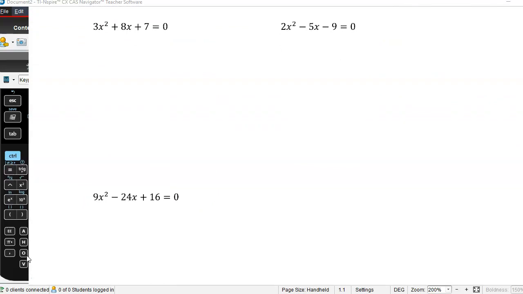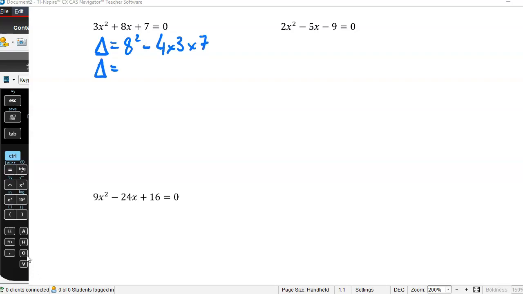So I've got a few more here. 3x squared plus 8x plus 7 equal to 0. So discriminant is equal to 8 squared minus 4 times 3 times 7.